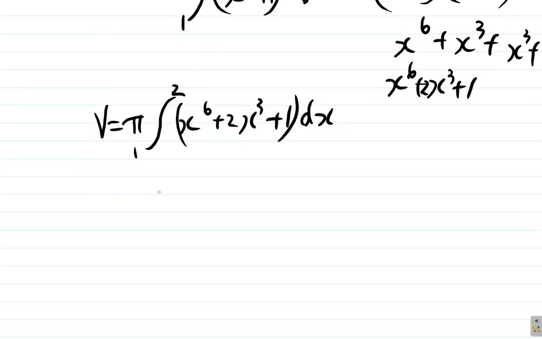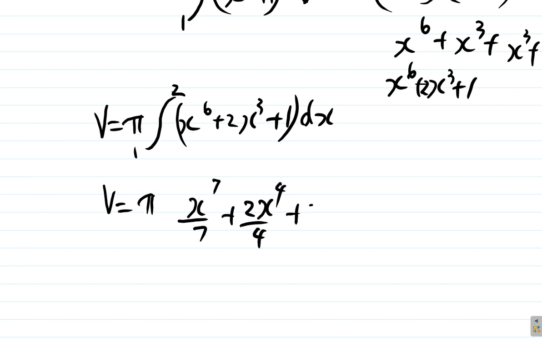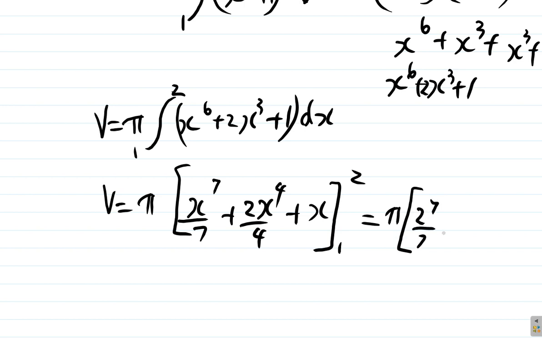So in this case, the volume is pi times x to the 7 over 7 plus 2x to the 4 over 4 plus x, and you're going from 1 to 2. So this is equal to pi times, substitute 2 first: 2 to the 7 over 7 plus 2 times 2 to the 4 over 4 plus 2.